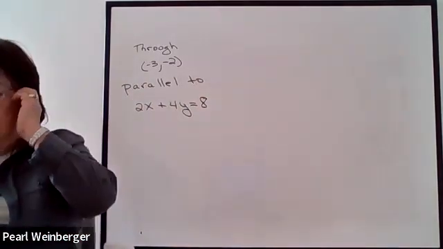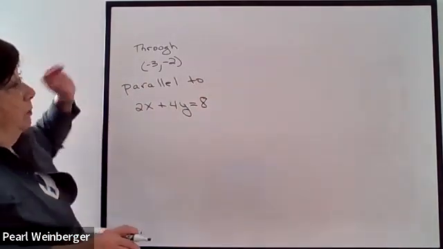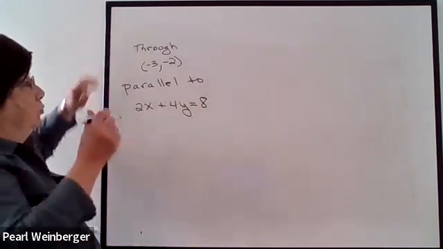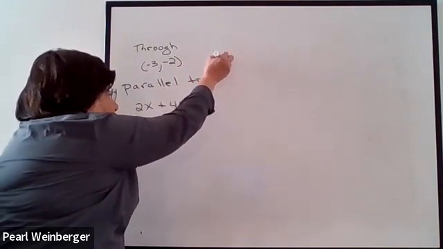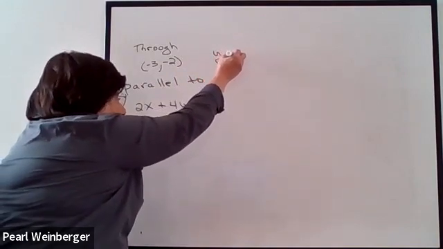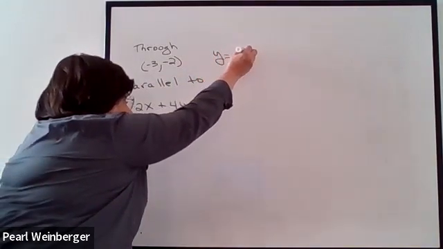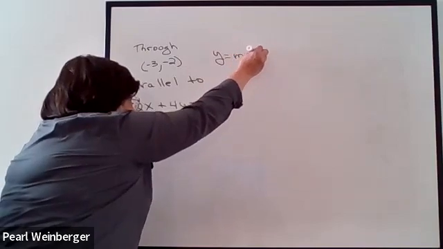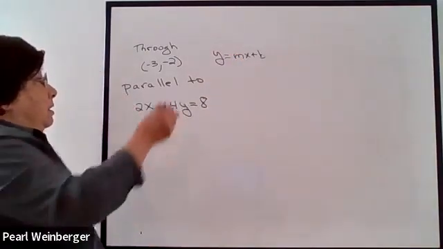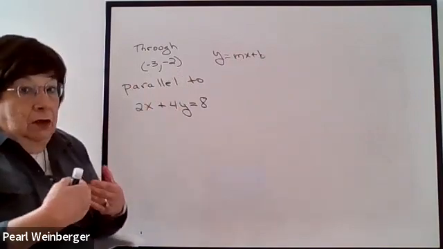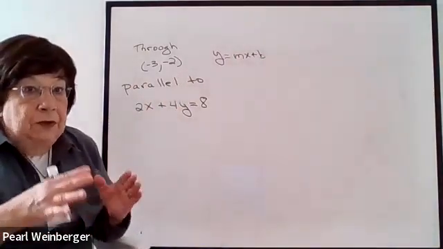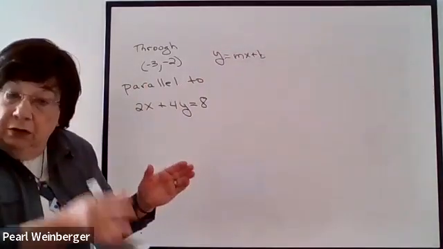So listen to this interesting problem. I have a line that I want to write the equation of, y equals mx plus b. Now, what do I know? The line that I want to write the equation of happens to be parallel. We know what parallel means.